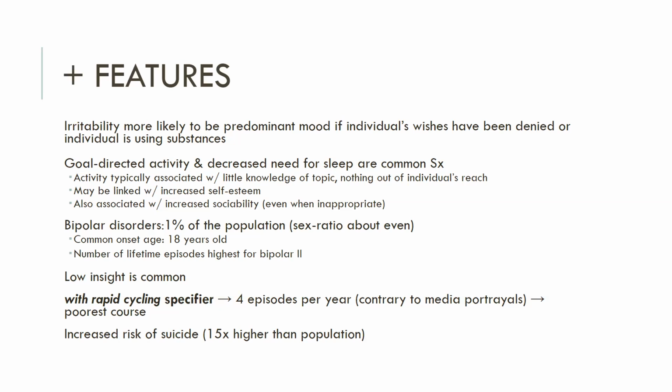The bipolar disorders are less common than the depressive disorders, impacting about 1% of the population with an even sex ratio. The common age of onset is 18 years old, and the number of lifetime episodes is actually highest for bipolar 2. So while bipolar 2 is milder, you're more likely to see more episodes in those cases. Low insight's pretty common.